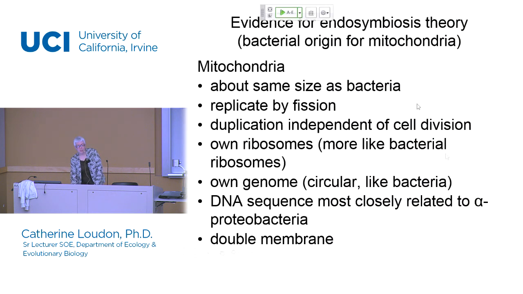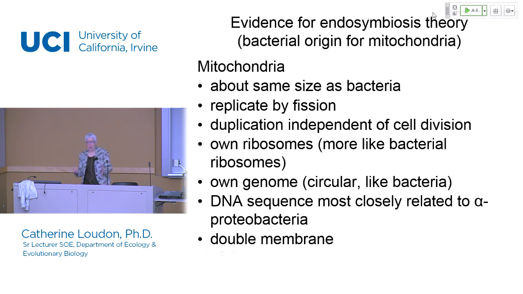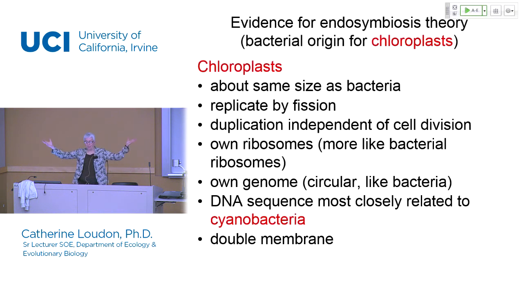Now, we went through the list of the various forms of evidence for bacterial origin for mitochondria. Let's now do the same thing for chloroplasts. This will actually be really quick and easy because it's very similar. There's a list for chloroplasts, and I have just contrasted it with the mitochondrial one. Chloroplasts are also about the same size as bacteria and replicate by fission, have duplication independent of cell division, have their own ribosomes, and have a circular genome.